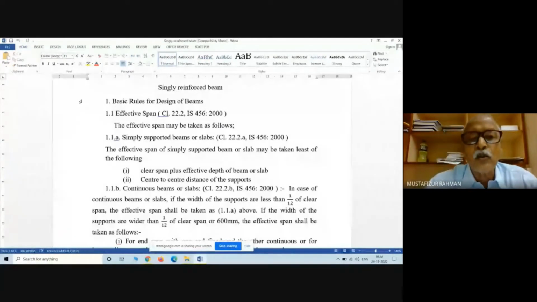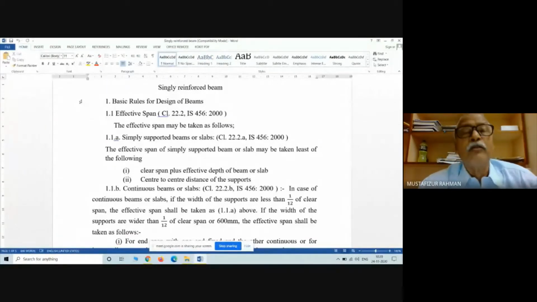Say basic rules. Effective span. The span is given: a common man tells that the beam of my structure is such and such. Now we have to find out the effective span. When we are talking about the effective span, this is given in a clause; the effective span can be for a simply supported beam or slab.